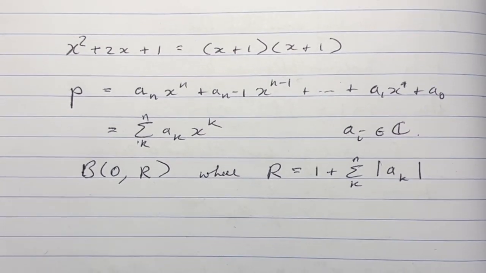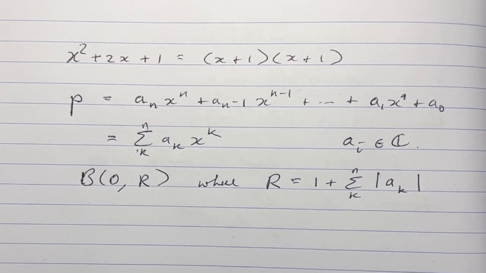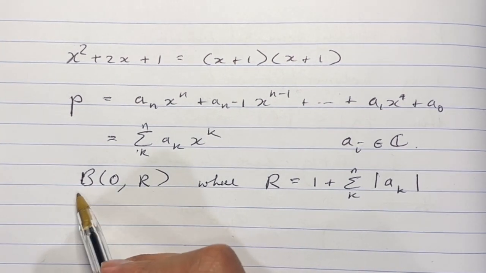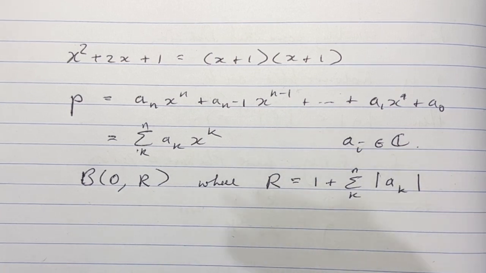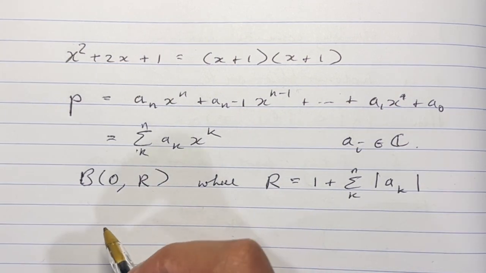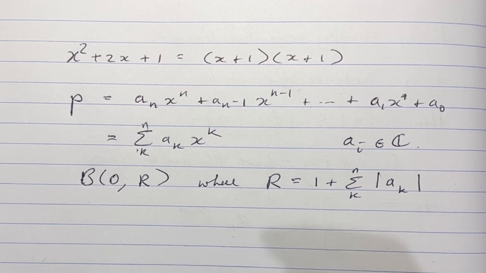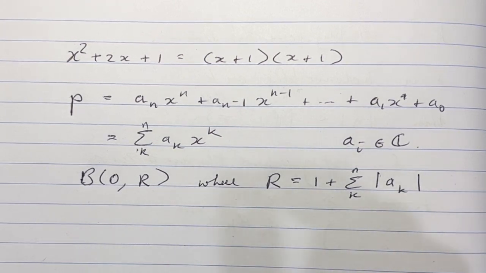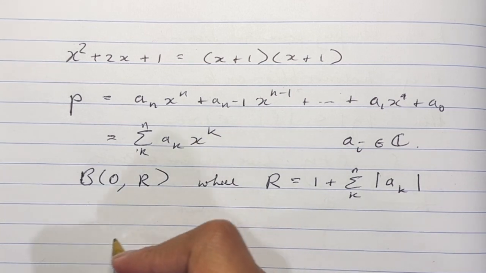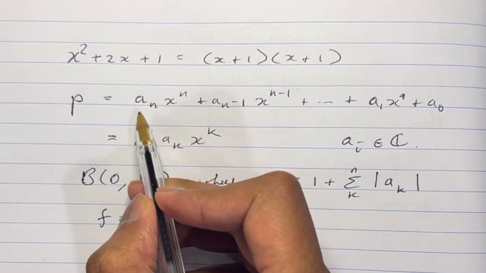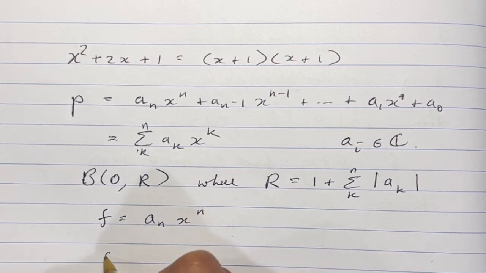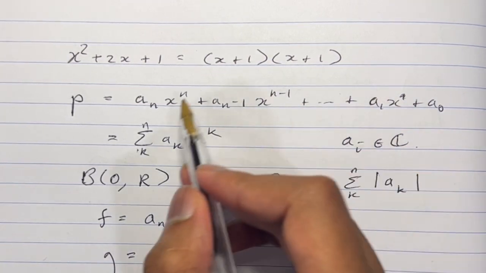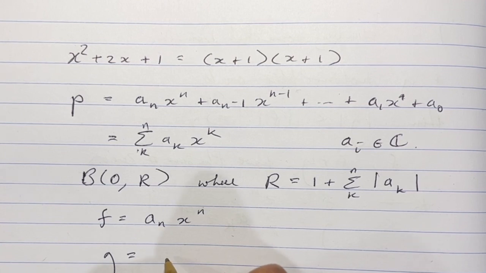How do we prove it? To satisfy the conditions of Rouché's theorem, we're going to check that this set is a simply connected domain, and it is. And the second thing we're going to check is two polynomials for us to use the theorem on. It turns out the polynomials you should use it on are f equal to this leading term, which is a_n x^n.